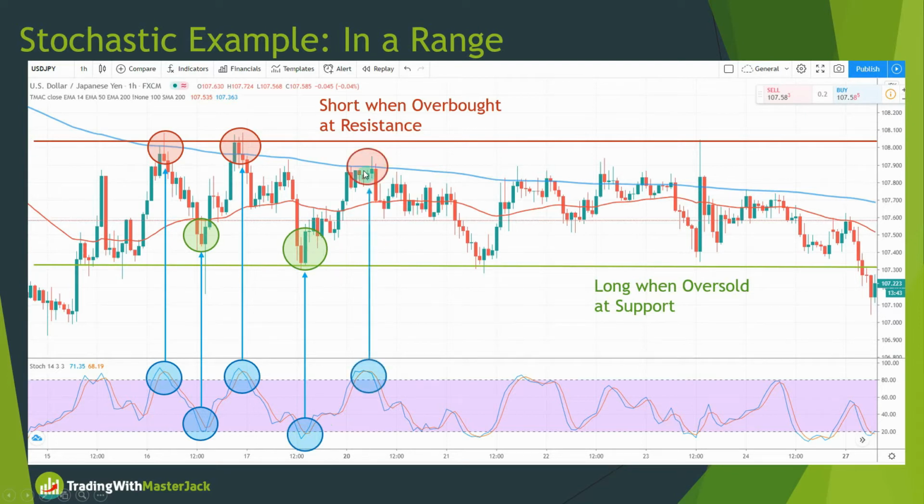So you can see there are several entry opportunities within this range as we're using it. It just goes on. But the thing is, with this type of scenario, you'll see not every range is perfect, where it's going up into resistance and down into support. It tends to get somewhat choppy sometimes.